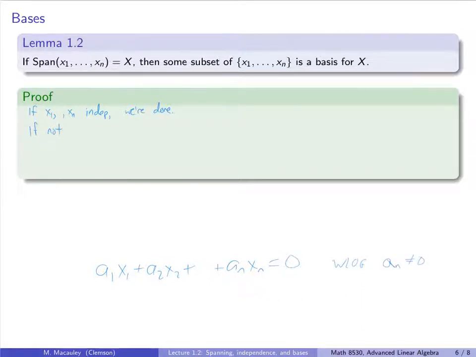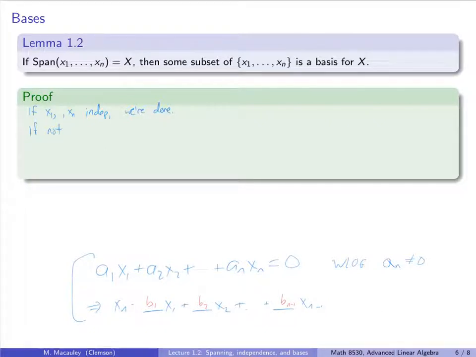So if we do that, that means that we can solve for xn, and we can write xn equals something times x1 plus something times x2 plus something times xn minus 1. So we can call these things something else like b1, b2, and bn minus 1. I don't think you need to include this in the proof.